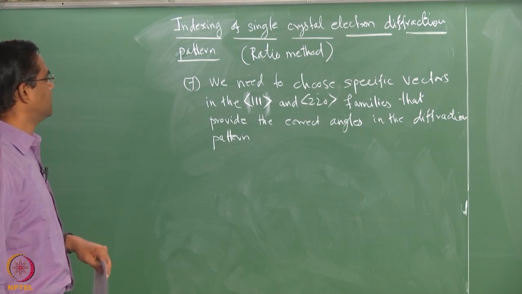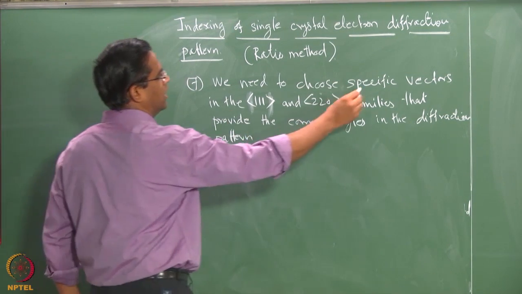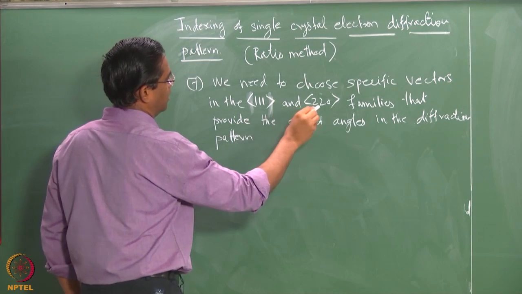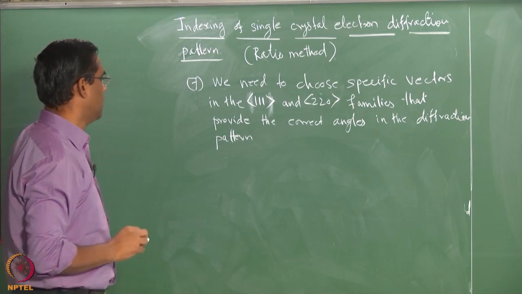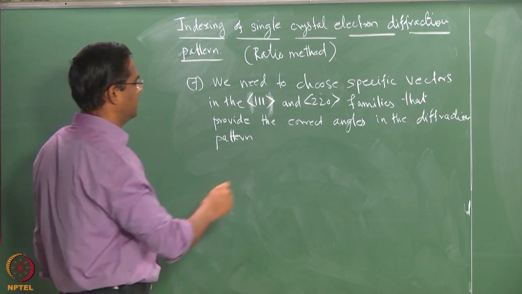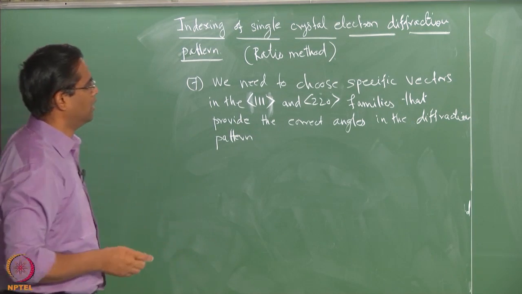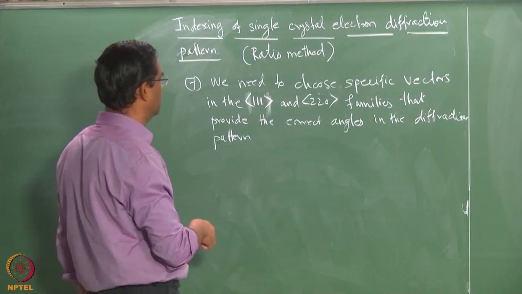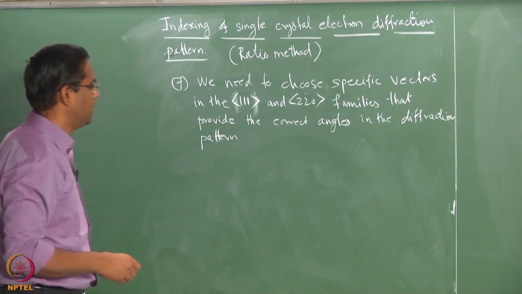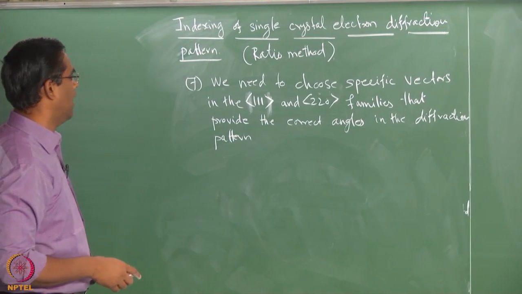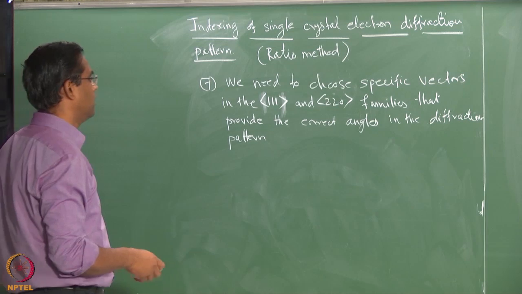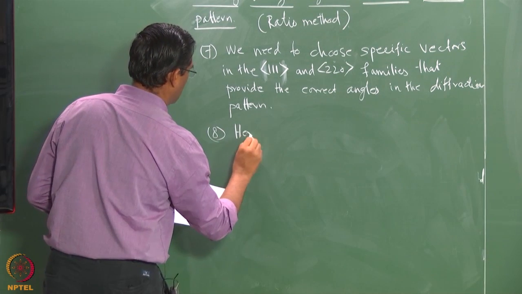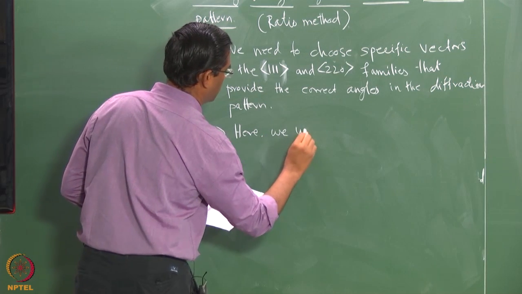So, the next step is we need to choose specific vectors in the 111 and 220 families that provide the correct angles in the diffraction pattern. If you look at the pattern, these two indices have some angle. So, we will redraw that.